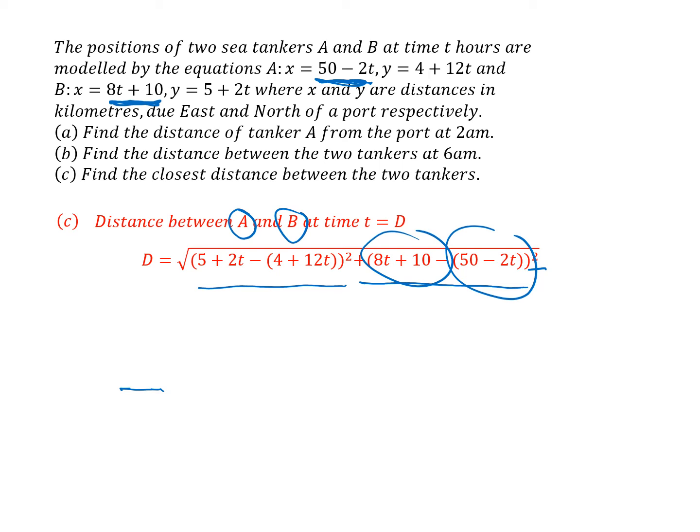And then the difference in the y coordinates is 5 plus 2t minus 4 plus 12t. So this expression is, if A is here and B is here, then the distance between them is the hypotenuse of this triangle here, the right-angled triangle. Hope you are happy with that.